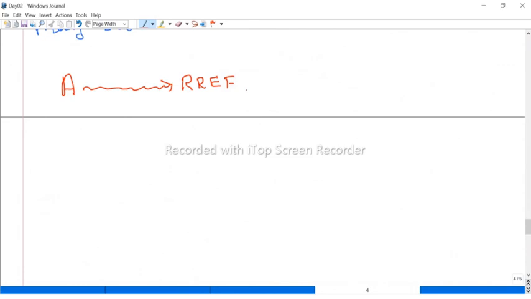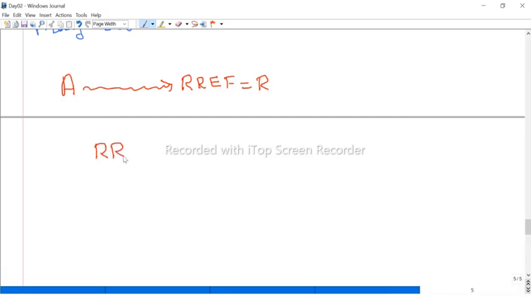Maybe we call that row reduced echelon matrix R. R means the row reduced echelon matrix of the matrix A. Somebody writes the notation RREF of the matrix A.